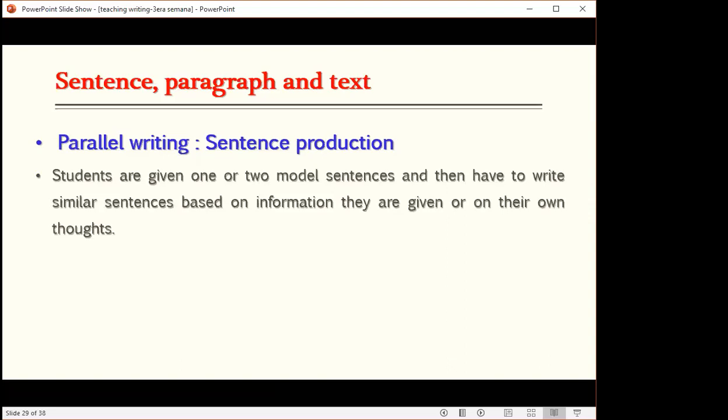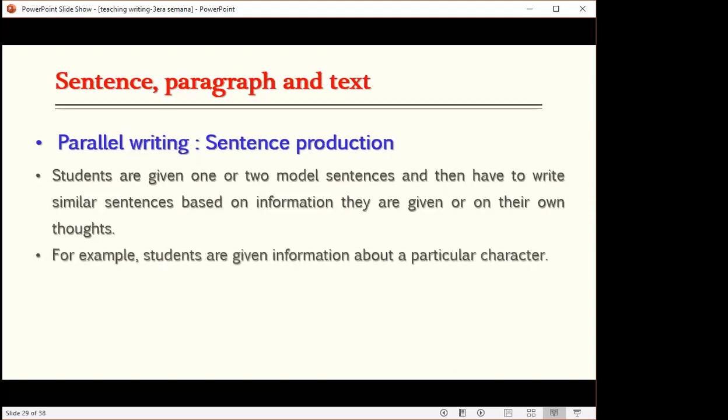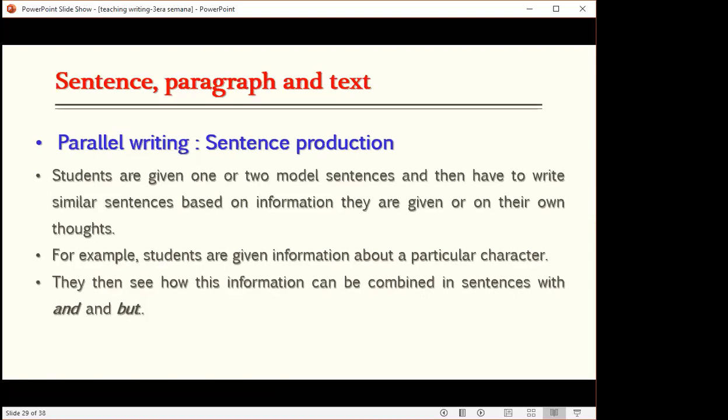Students are given one or two model sentences and they have to write similar sentences based on information they are given or on their own thoughts. For example, students are given information about a particular character. They then see how this information can be combined into sentences using these conjunctions, these connectors, and and but. And then they have to write similar sentences about themselves.